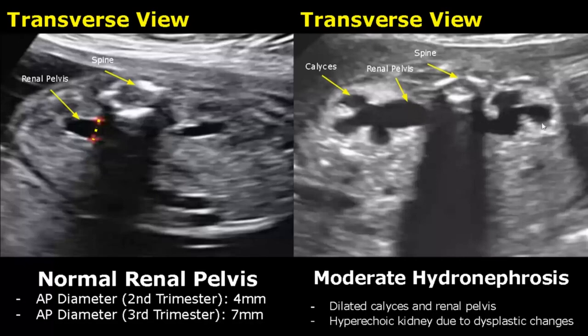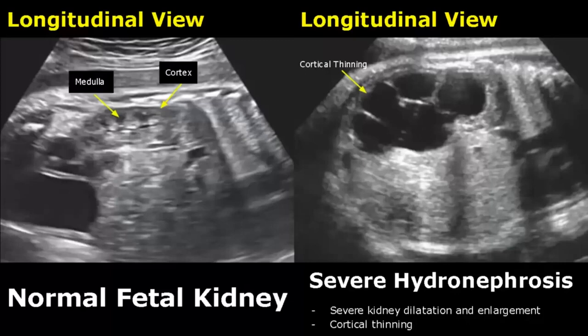And the kidneys are hyperechoic due to dysplastic changes. There is damage to the kidneys. In a severe hydronephrosis, you can see cortical thinning. We see a very thin layer of cortex and there is a large degree of dilatation and the kidney is also enlarged.